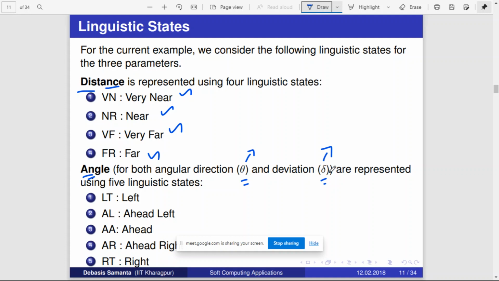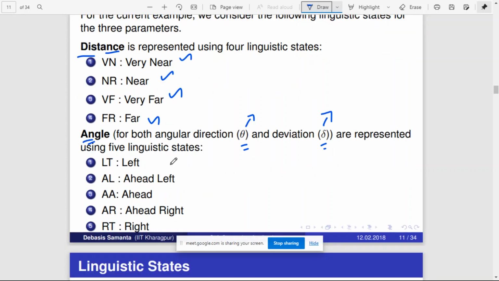So these are left, which means it should go towards the left, or the object is towards the left. Ahead left is straight left. For example, the robot is here and the object is here, so this angle is something like that. This is called left.